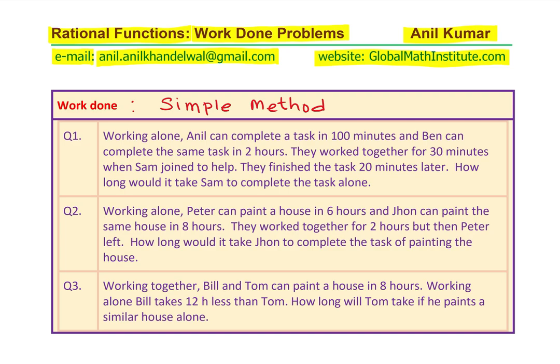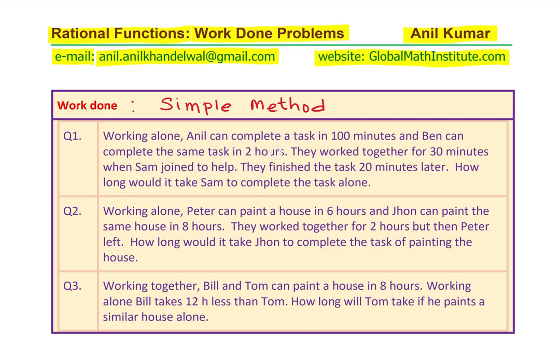Question 1: Working alone, Anil can complete a task in 100 minutes and Ben can complete the same task in 2 hours. They worked together for 30 minutes. When Sam joined to help, they finished the task 20 minutes later. How long would it take Sam to complete the task alone?